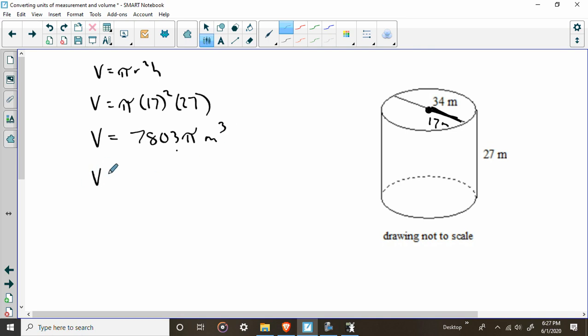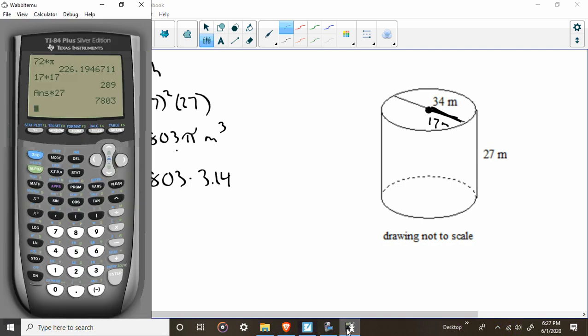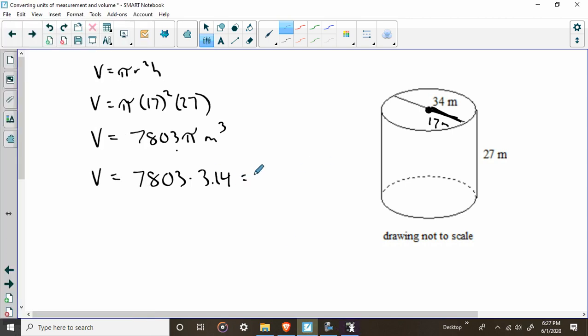And if you need to evaluate that, you're going to say 7,803 times 3.14, again, a terrible approximation of pi, but that's what they said, and you'll get 24,501.42 meters cubed. Okay? All right, and that should be kind of all you need to do this.